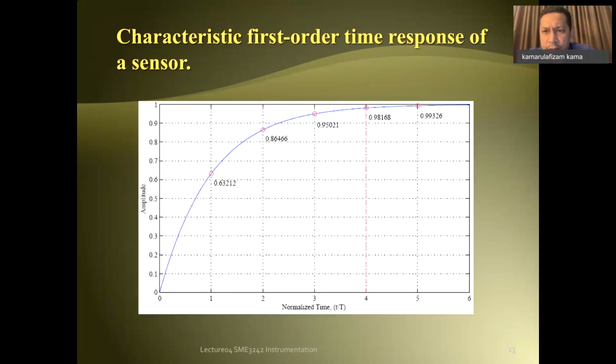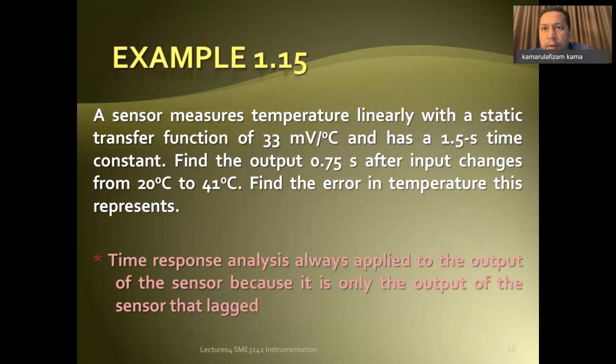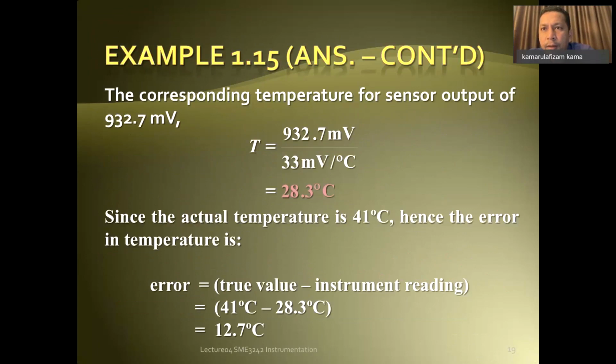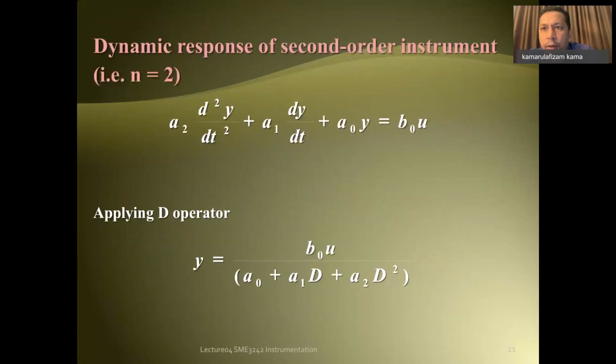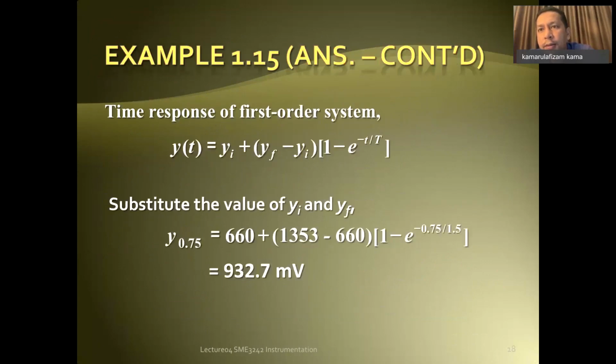For example, this is the graph for the first order system. To see this in a clearer picture, please take the example of a kettle, the boiler.